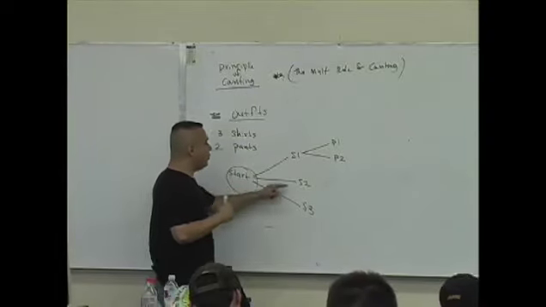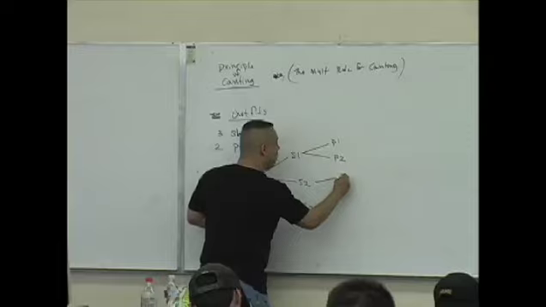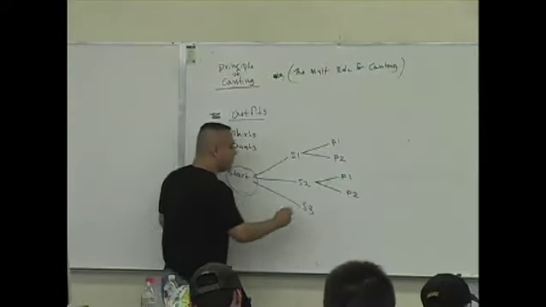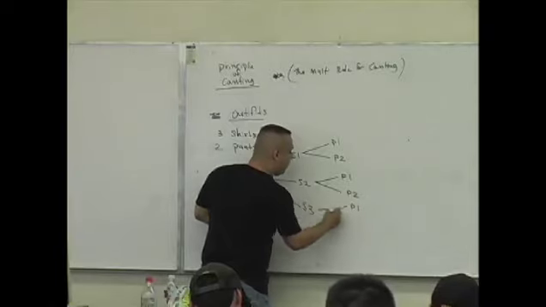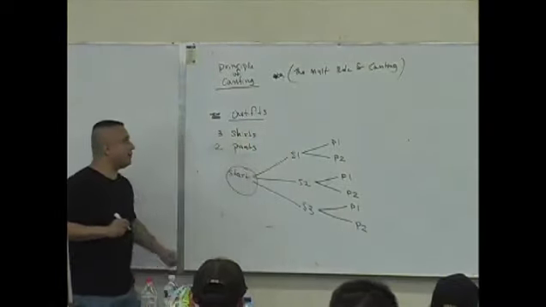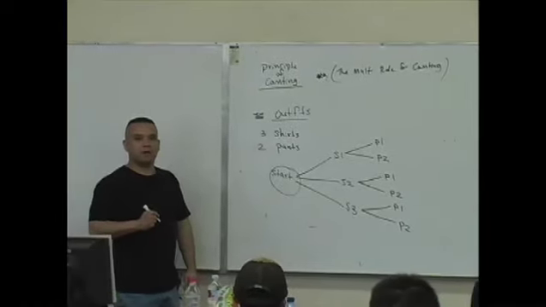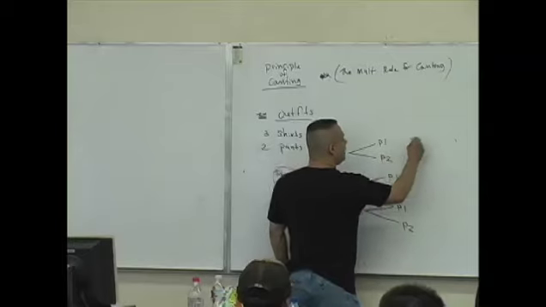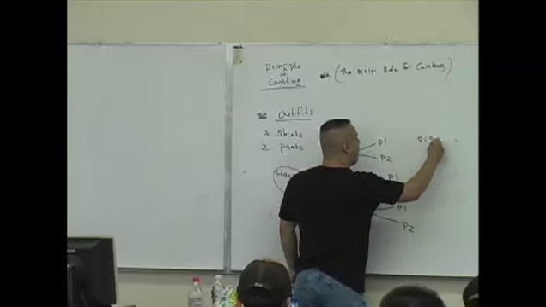So if I use shirt 1, I could use pant 1, or I can use pant 2. If I use shirt 2, I can use pant 1, or I can use pant 2. If I use shirt 3, I can use pant 1 or pant 2. This is a tree diagram of the number of outfits.